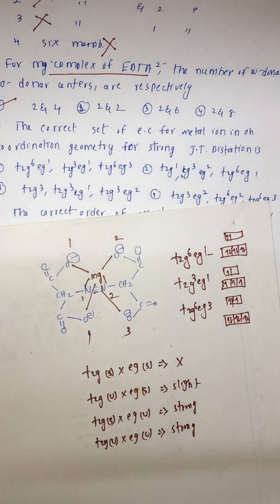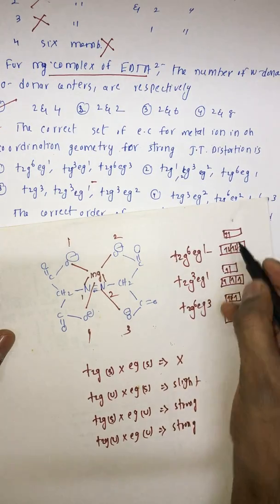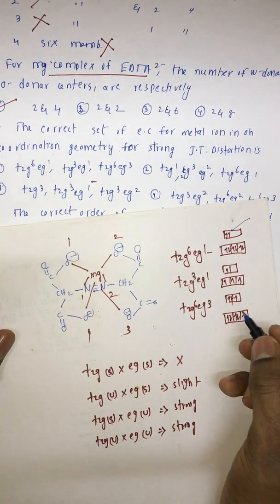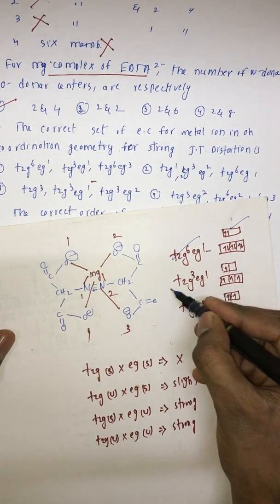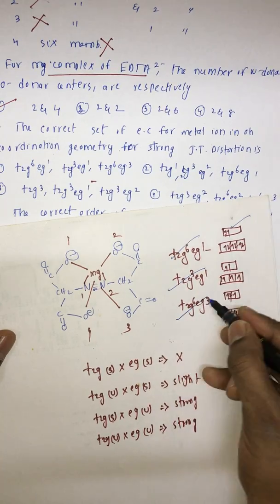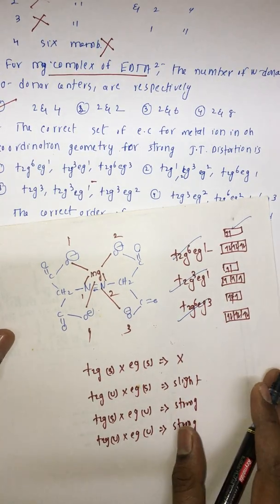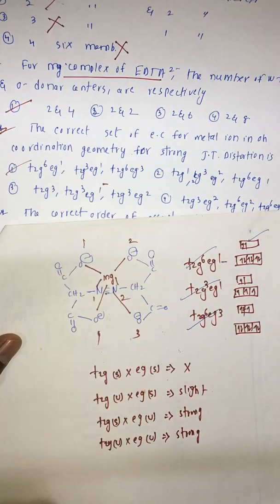So we are talking about the first option. In the first option, eg is unsymmetric, so this shows Jahn-Teller distortion, and this also, eg is unsymmetric, and this also shows Jahn-Teller distortion, because in all the cases eg is unsymmetric. So in the first option itself, our answer is there.